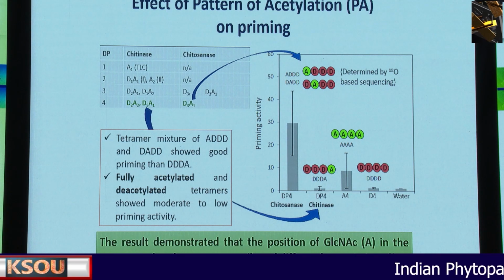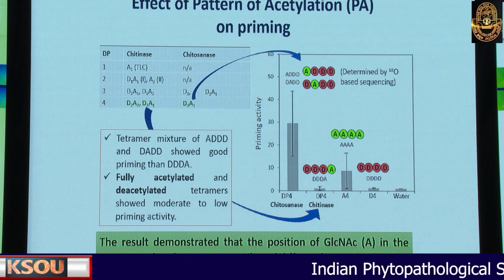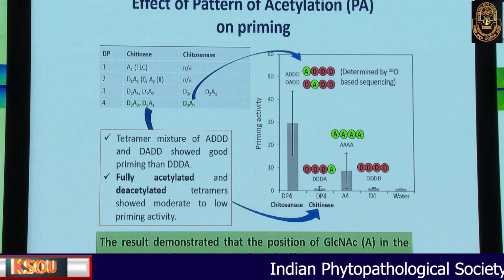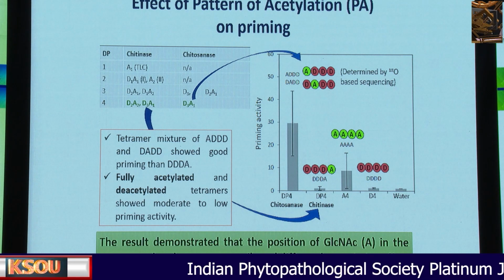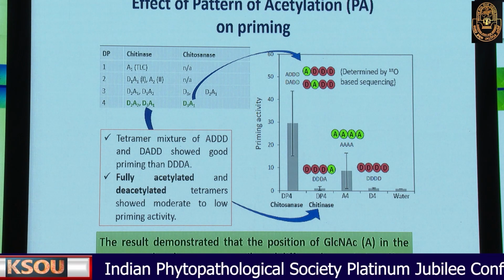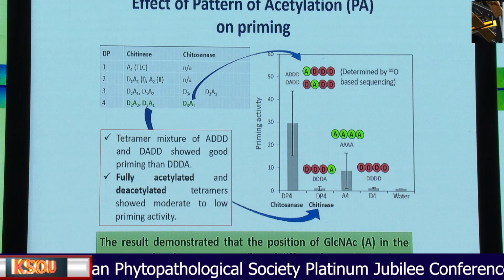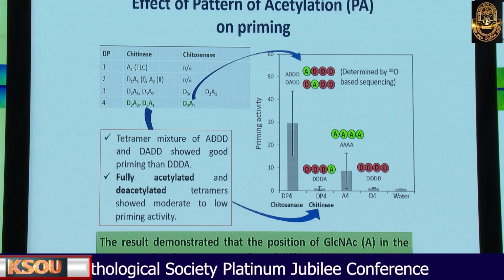And as you can see here, the monoacetylated residues on DP4 have shown excellent priming activity, whereas the monoacetylated residues at the extreme end, and the completely deacetylated or completely acetylated residues, do not have any biological activity.